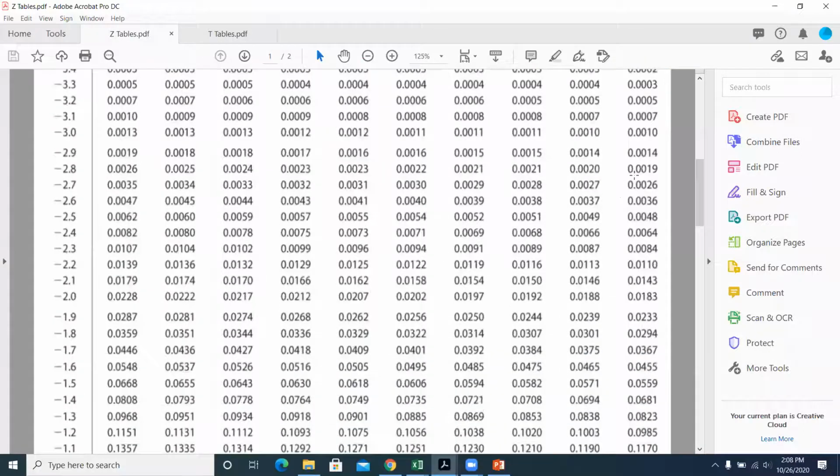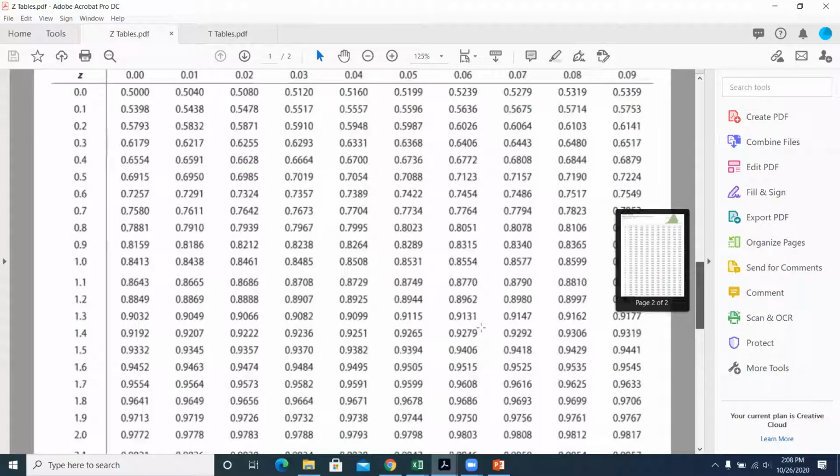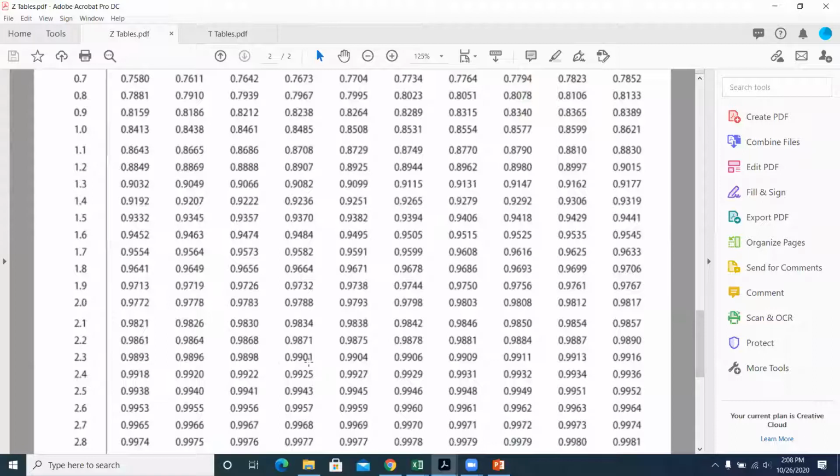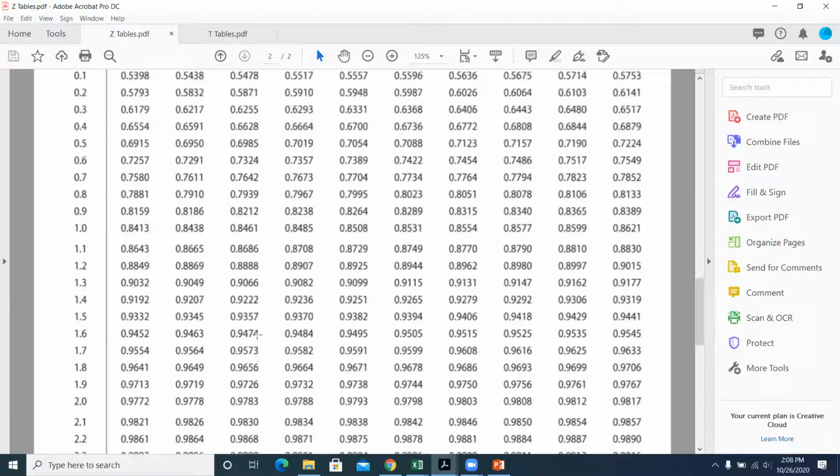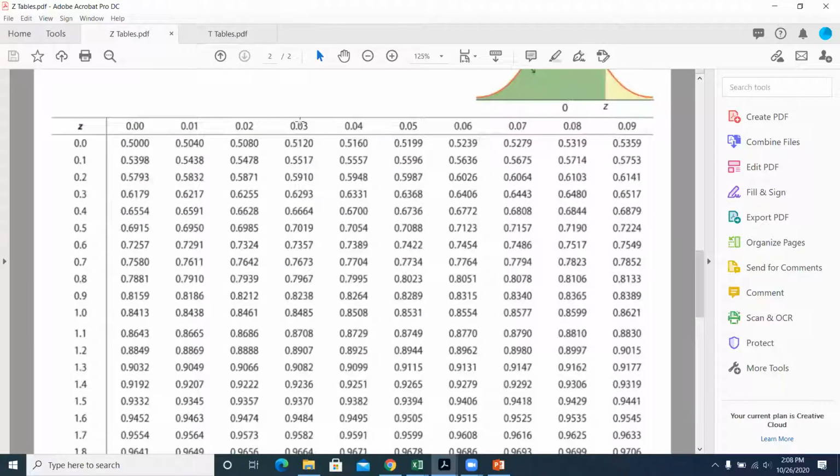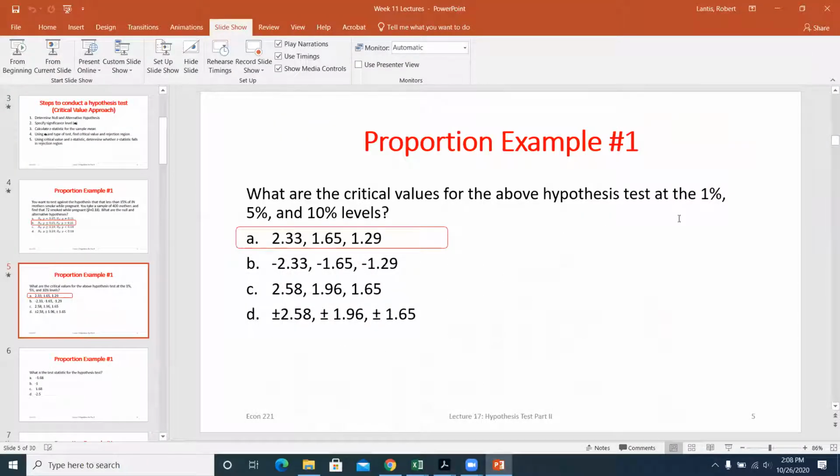The area I want to the left is 0.99, so I got to go down a ways. Looks like it's in between these two values, 2.32 and 2.33. I'll take the higher of the two, if we're ever in between two there. So that first critical value for the 1% level, or an alpha of 0.01, is 2.33.